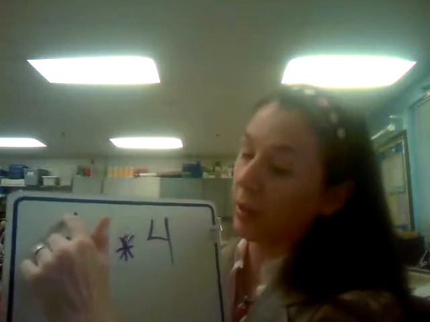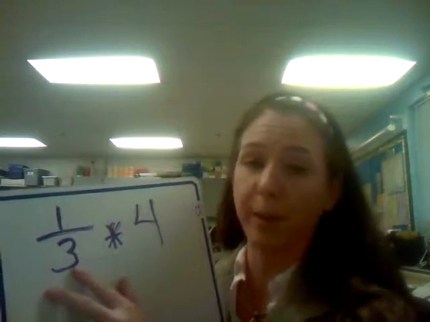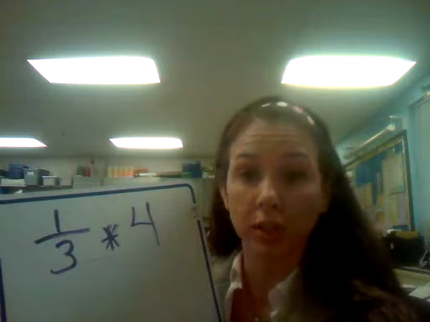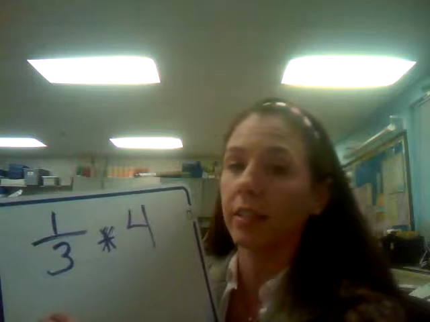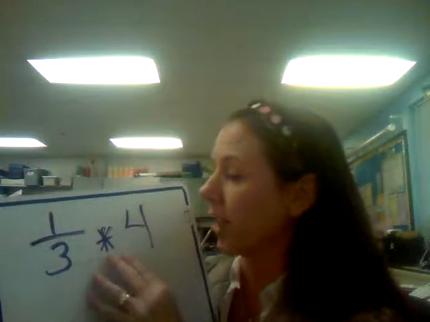So unit fractions, remember, are when the numerator is a 1, so that's considered a unit fraction, and it has a name. Its name is named by its denominator, so that is a 3, so it's not called 3, it's called thirds. So the name of this fraction is 1/3, and I'm going to be multiplying 1/3 times 4.